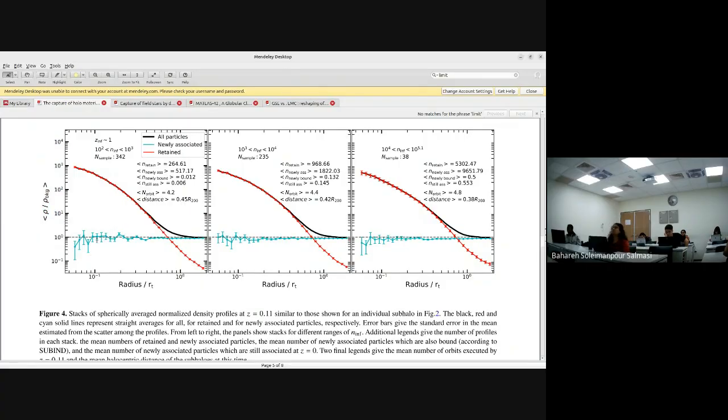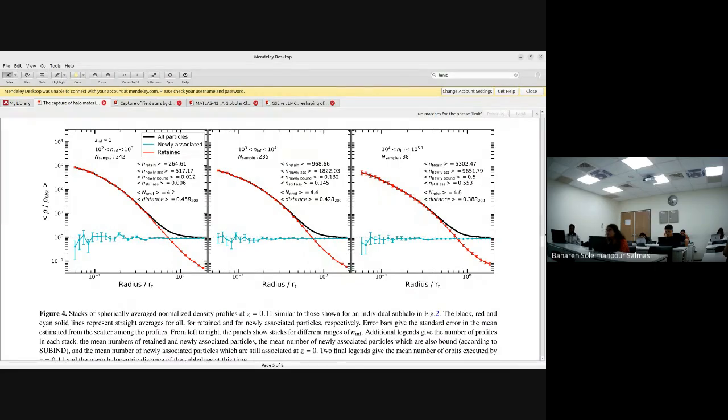The short story: I also have to mention the number of infall particles is around 10 to the 2 to 10 to the 3, and no matter how you increase the original dark matter halo particle number, namely the mass of the dark matter subhalo, or increase the number of orbits it completes, the cyan line is almost around the unit of the background density.